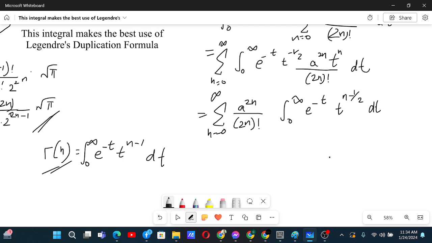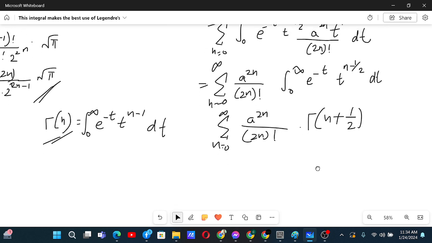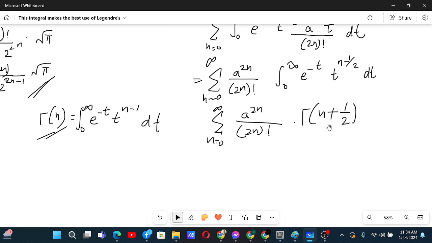Let's use that. Sum from n equals 0 to infinity of a to the power 2n by (2n)! times gamma of n plus 1 by 2. Now we can use the Legendre duplication formula for gamma of n plus 1 by 2, and that helps us a lot.